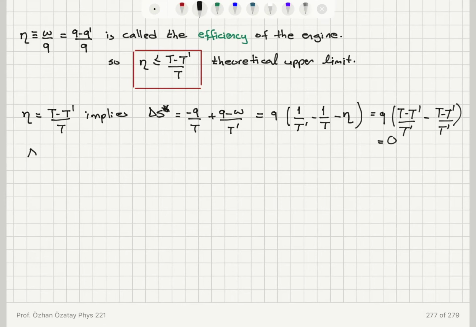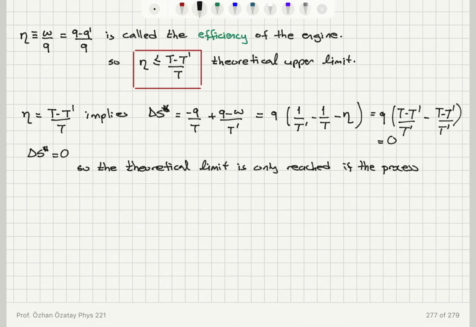So delta S star must be equal to 0, and this is going to be true if it's a quasi-static process. So the process that we perform on the total system A star, basically it says the theoretical limit can only be reached if the process that we perform in the system A star is quasi-static.